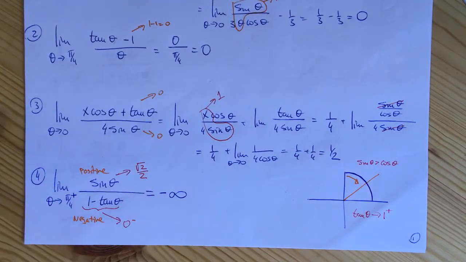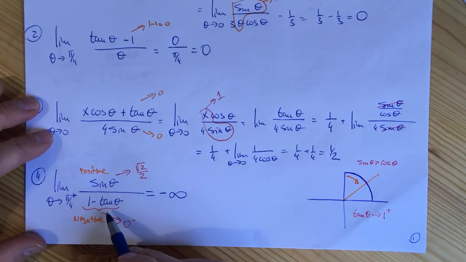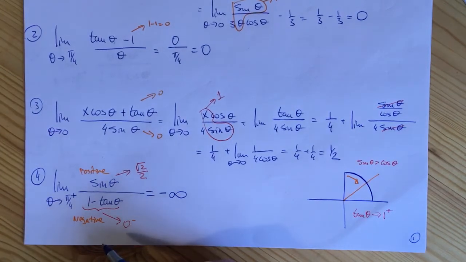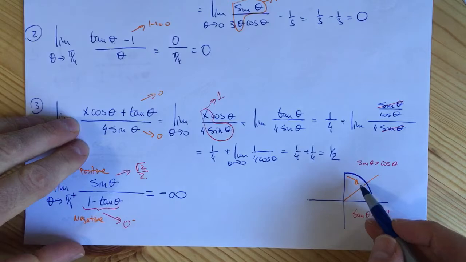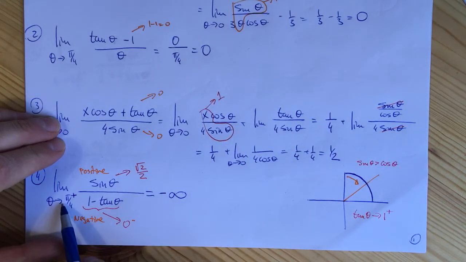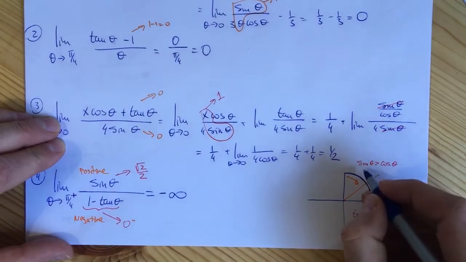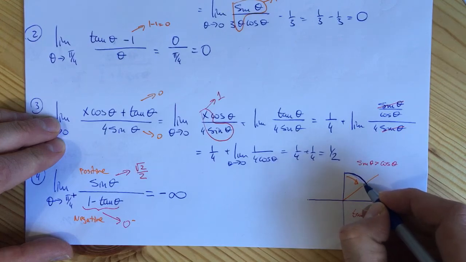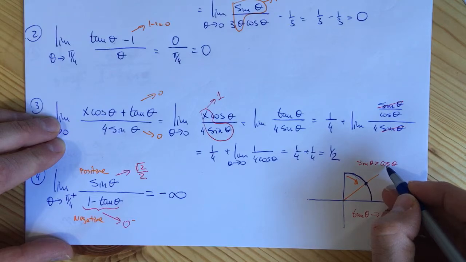Okay, so again I'm going to repeat how I got this. The question is whether this difference approaches 0 from the left or from the right, which basically boils down to the question whether tangent of theta approaches 1 from the left or from the right. Well, let's see. As theta approaches pi over 4 from the angles that are bigger than pi over 4, in here, all the values of sine are greater than the values of cosine.